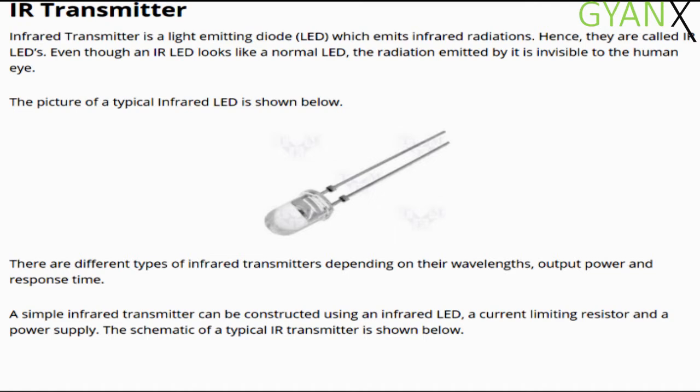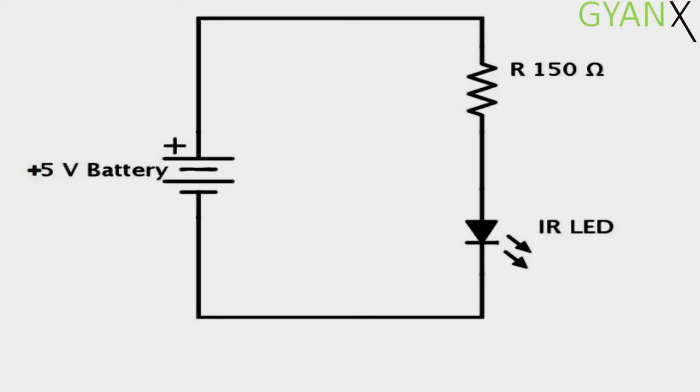There are different types of infrared transmitters depending on their wavelengths, output power, and response time. A simple infrared transmitter can be constructed using an infrared LED, a current limiting resistor, and a power supply. The schematic of a typical IR transmitter can be seen on your screens.